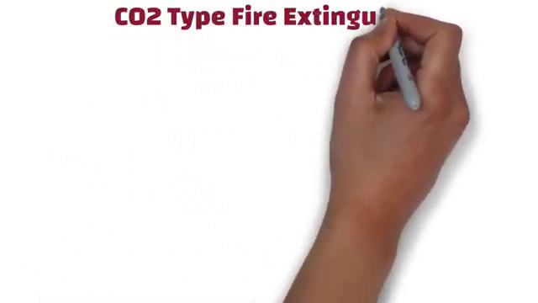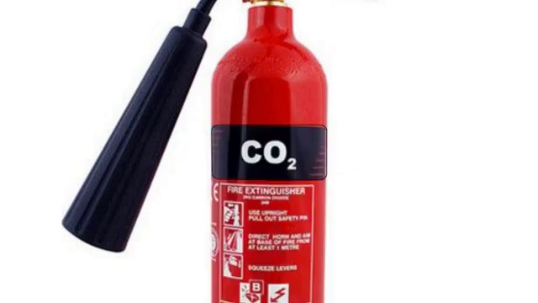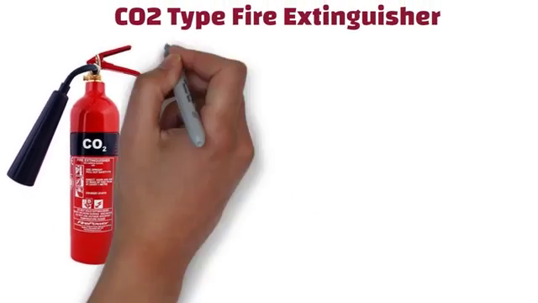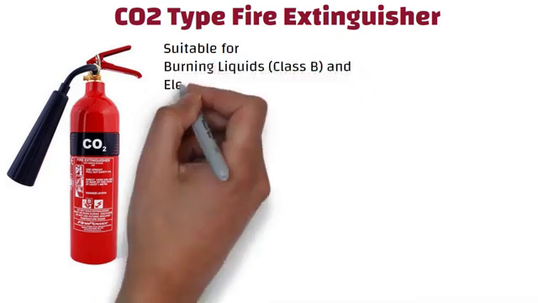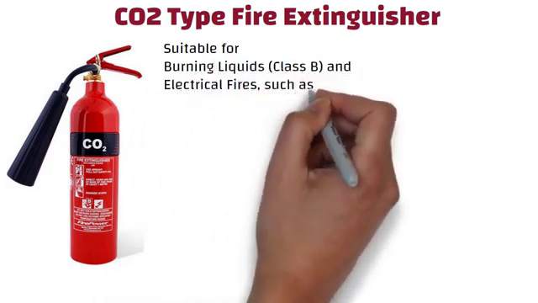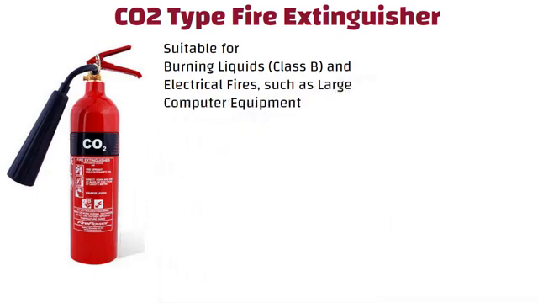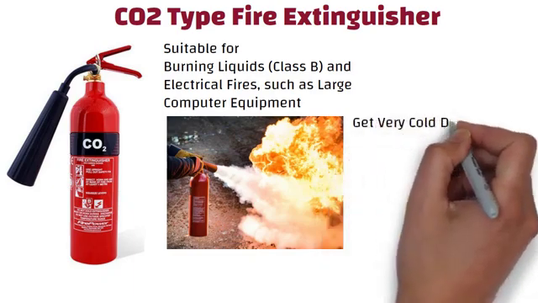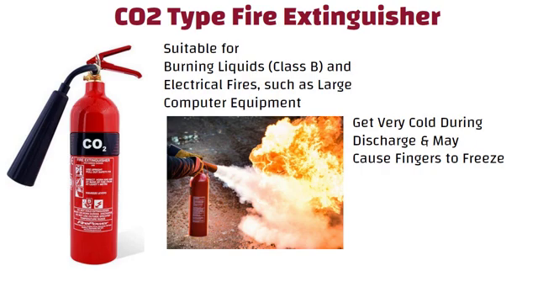CO2 fire extinguisher. These type of fire extinguishers are noted by black color. They are suitable for use on fires involving burning liquids, that is class B, and electrical fires, such as large computer equipment. CO2 extinguishers get very cold during discharge and may cause fingers to freeze.